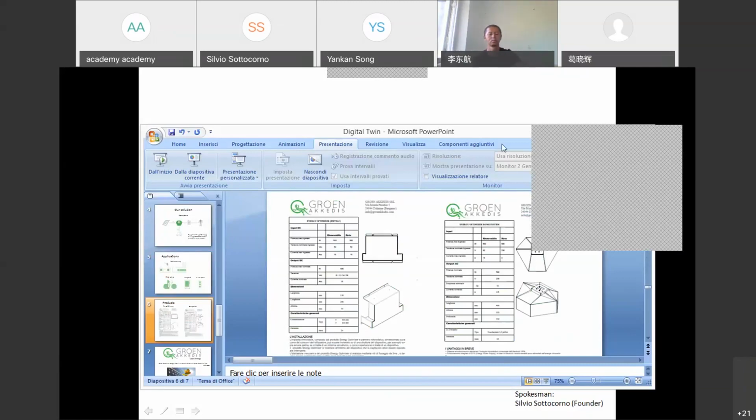The second, under development, is the Mixer. It's a product for the home, for the house. It's a 3 kilowatt power, and the main feature is that it is scalable for the user. The input burst power is 1.5 kilowatt, according to the user needs and according to our technology.